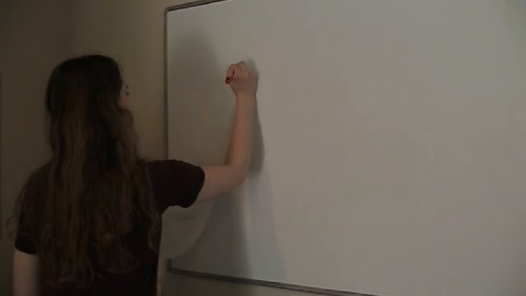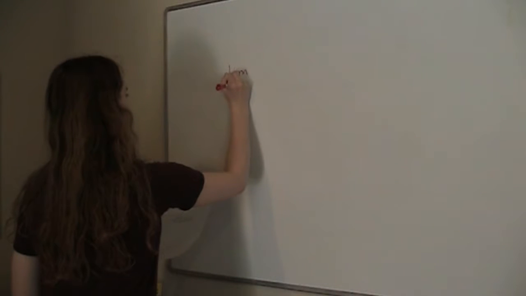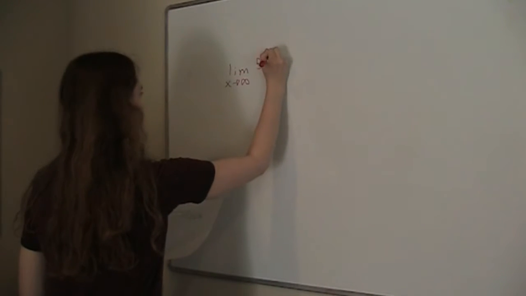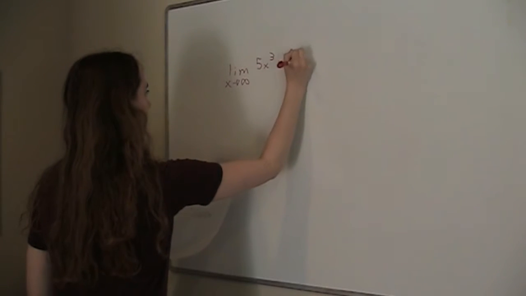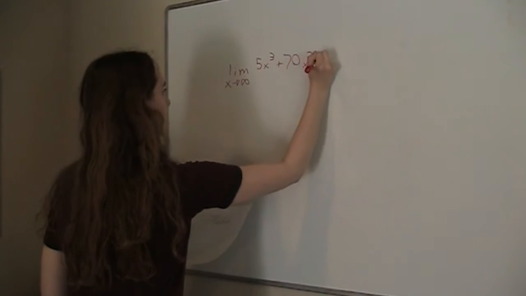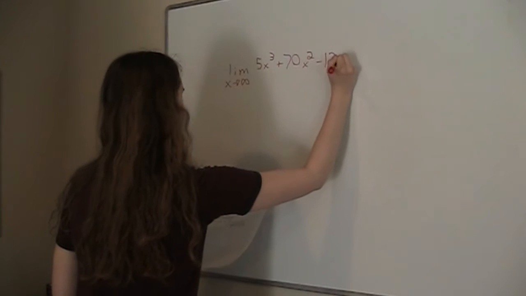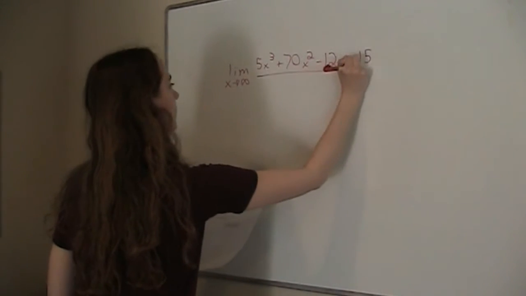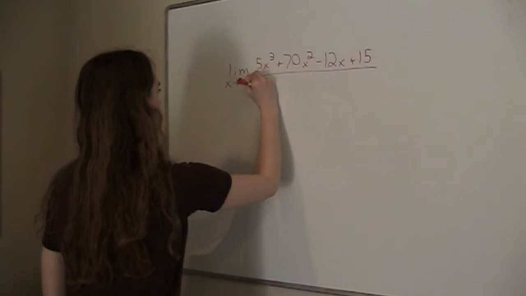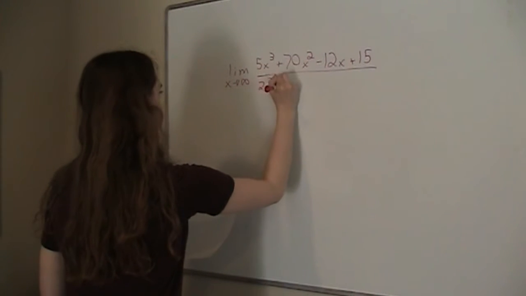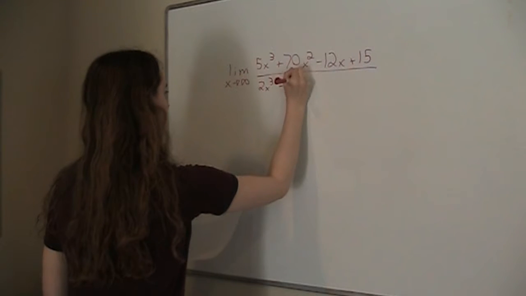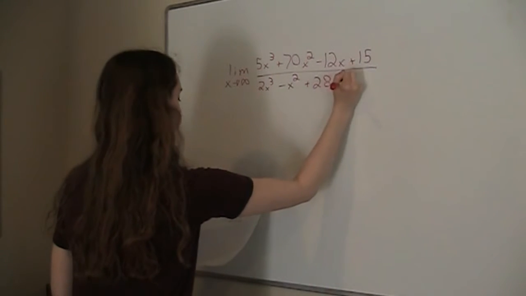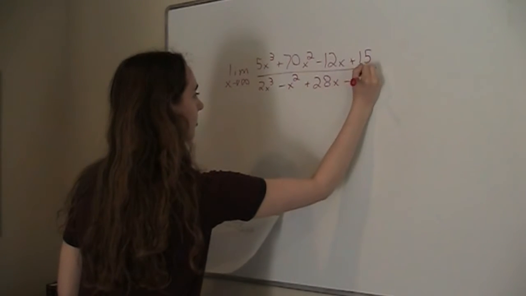Now I can do this homework problem. The limit as x approaches infinity of 5x cubed plus 70x squared minus 12x plus 15 over 2x cubed minus x squared plus 28x minus 82.